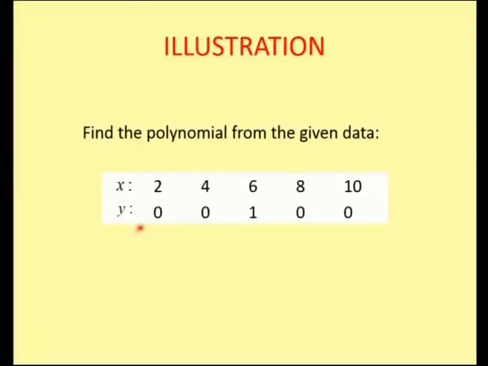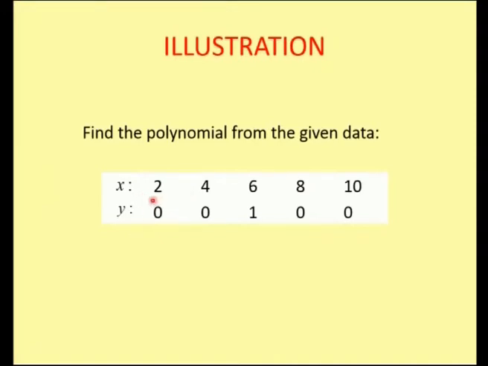Newton's forward and backward difference formulas are used not only to find the y values for corresponding x values, they can also be used to find the polynomial from the given data. You can see, I quickly go through this illustration.